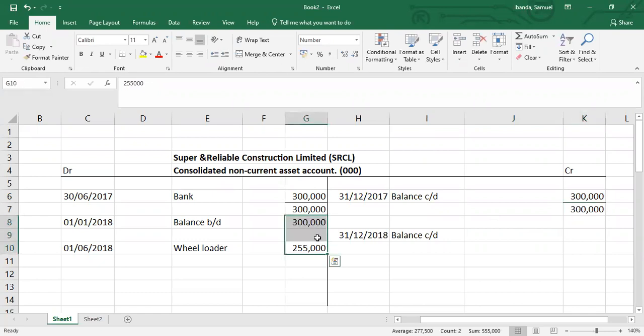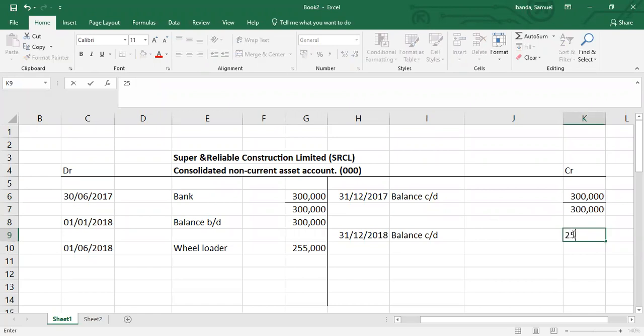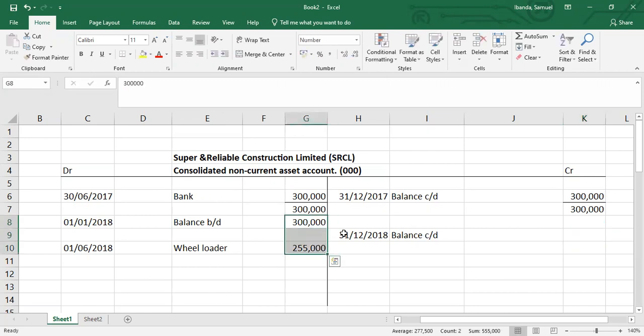And when I add up this side, the 300 and 255 gives me 555, 555, 3 zeros. So when I get the difference between this side and this side, it is actually 255. So when you add up, this is 5,500. So this will be 5,500.